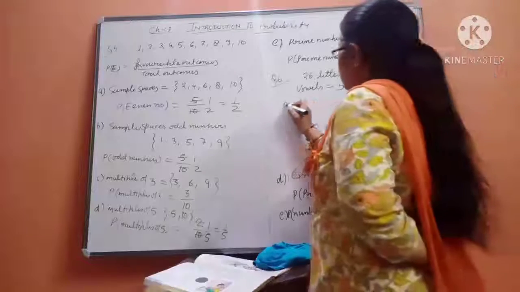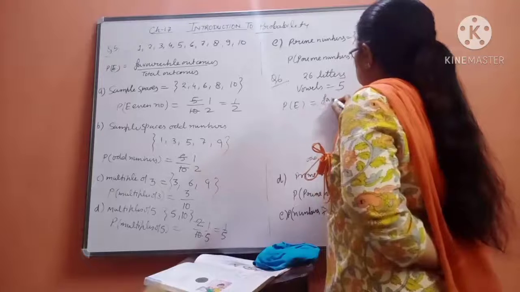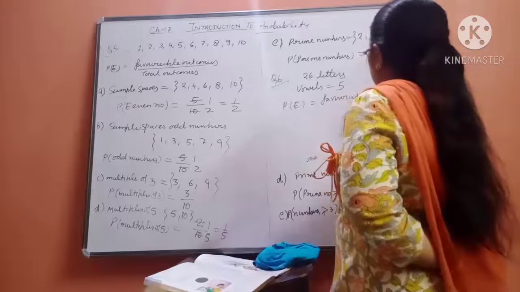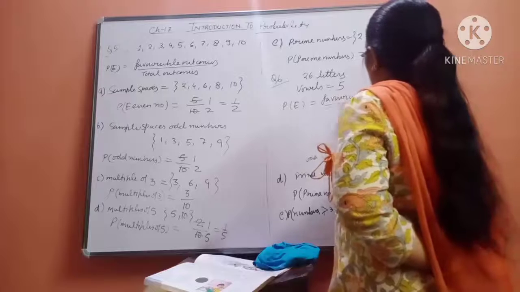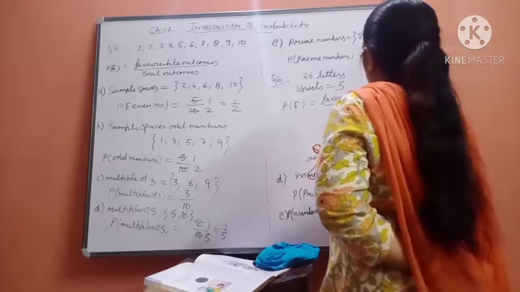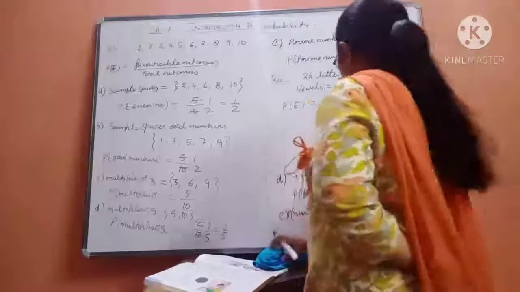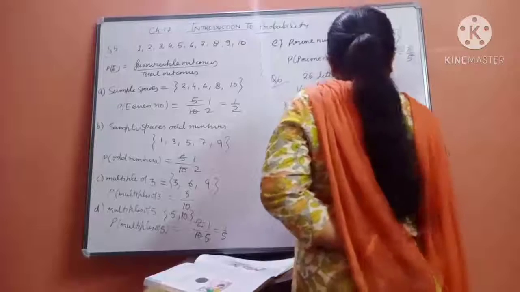So probability of an event, you know, is favorable outcomes upon total outcomes. Favorable outcomes are vowels.